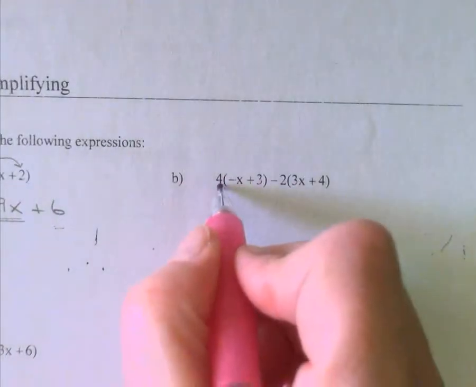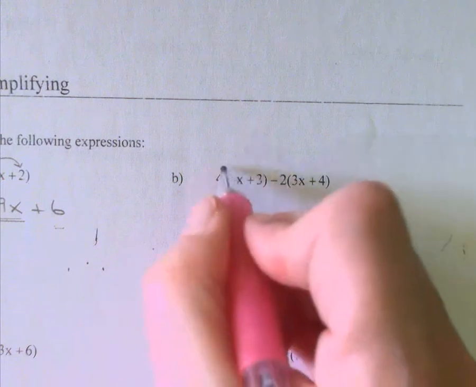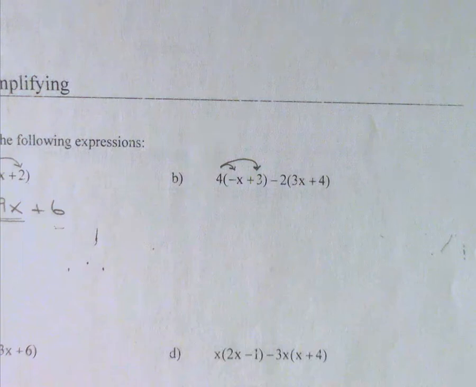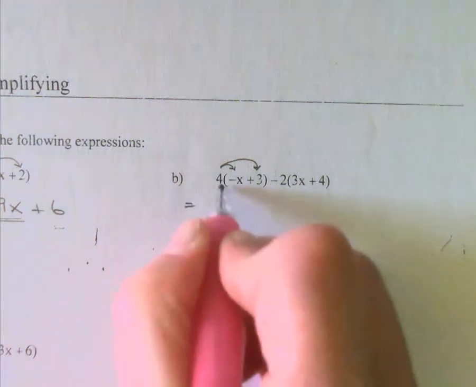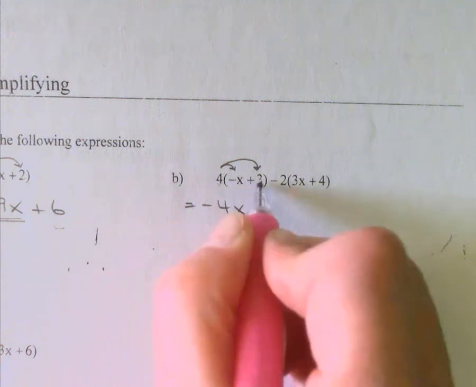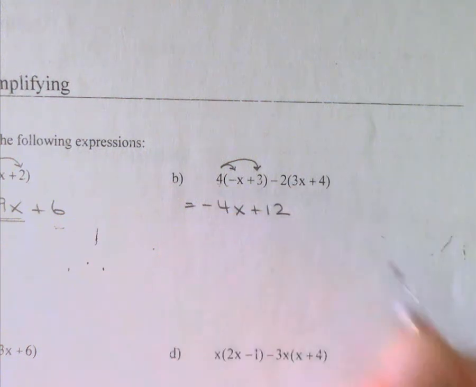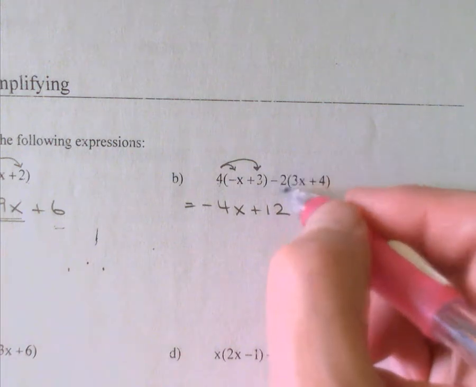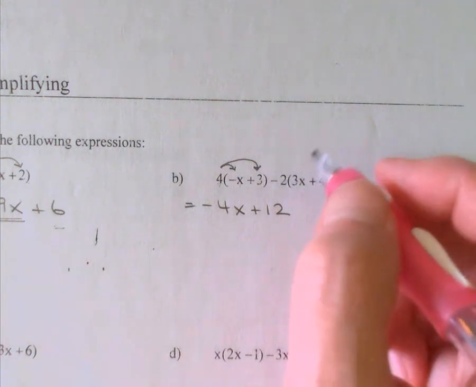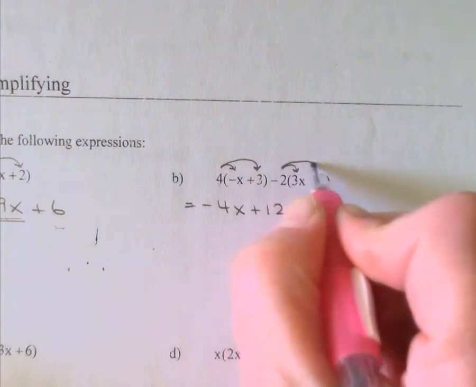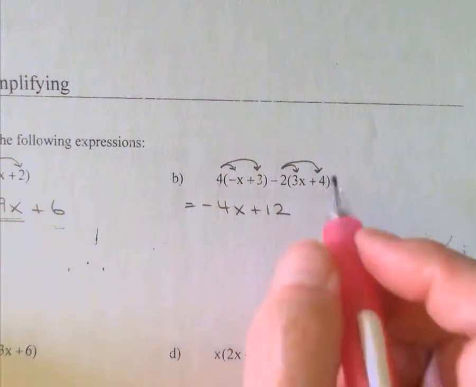I'm going to multiply 4 with what's inside this bracket. So I'm going to do 4 times minus x and 4 times 3. 4 times minus x is minus 4x, and 4 times 3 is plus 12. Now I show up with a minus 2 in front of this bracket. I'm going to do minus 2 times 3x and minus 2 times 4.